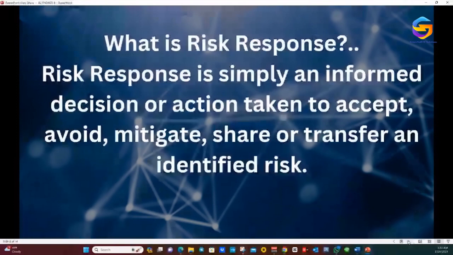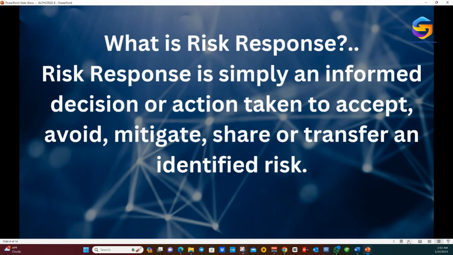What is risk response? Risk response is simply an informed decision or action taken to accept, avoid, mitigate, share, or transfer an identified risk.